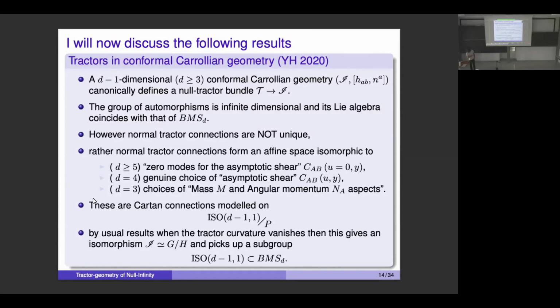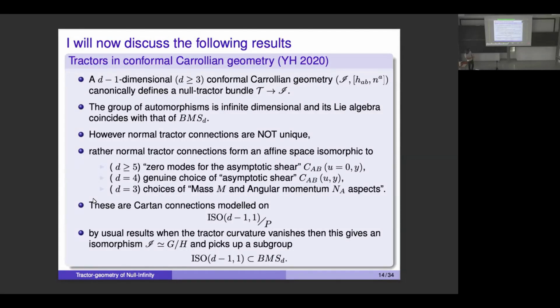In dimension 4, this full trace-free symmetric tensor is free, and in 3D, the free parameters are the mass and angular momentum aspect. In some sense, this picture fully unifies the 3D case with the 4-dimensional case. It's always the same picture. You're missing something to choose your group, and it's always a normal tractor connection that you need to pick, either CAB in 4 dimensions or this object in 3. They are just Cartan connection models, and therefore the curvature is the obstruction to finding a system of coordinates where it's 0.